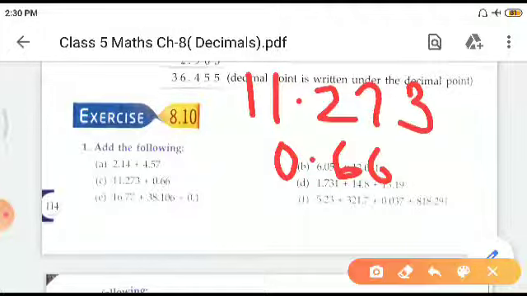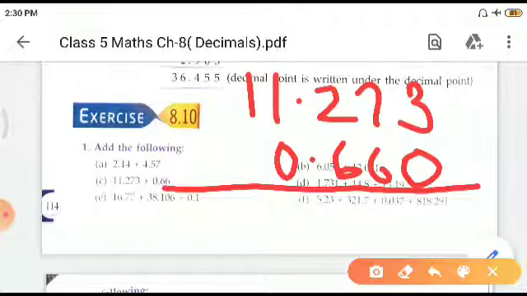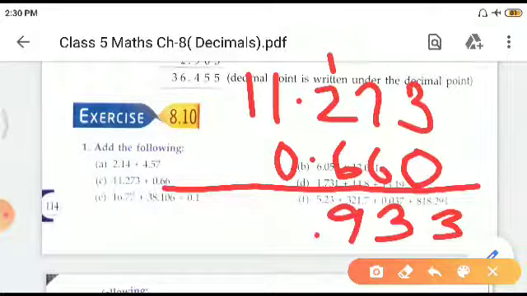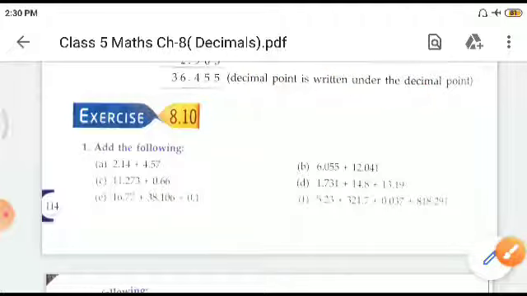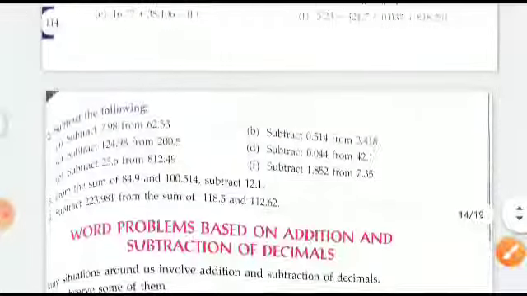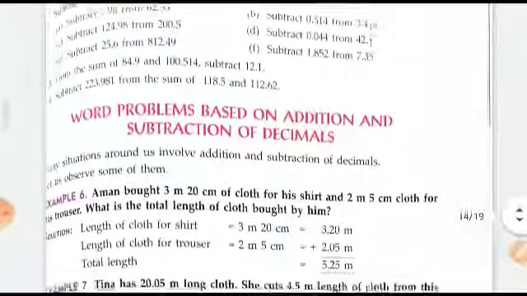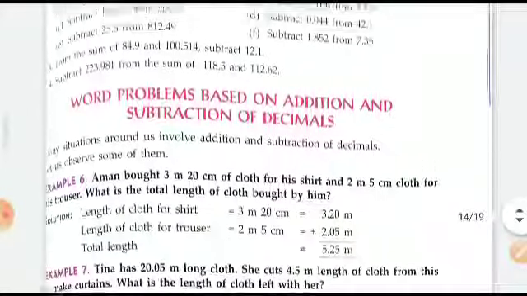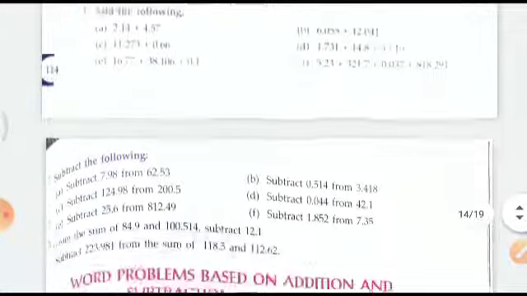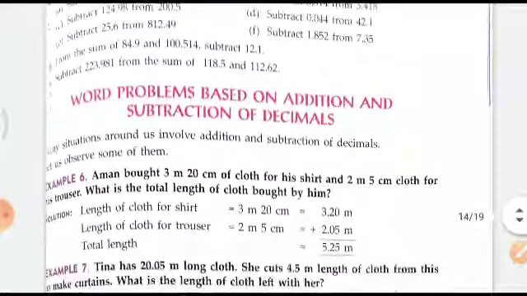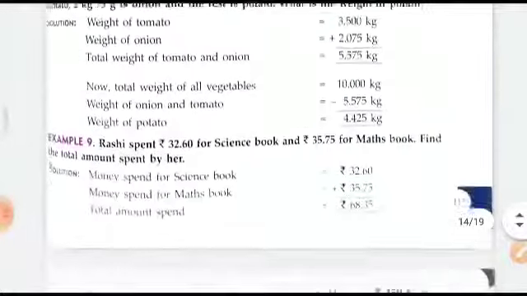This is given, but I have to make them like decimals, so I am adding a 0 here, and then I will be adding. 0 plus 3 is 3, 7 plus 6 is 13, 3 plus 1, 6 plus 2 is 8, 1 1 9.1 and 1. This is the addition done, and in the same manner subtraction is also done. So now some word problems are there.